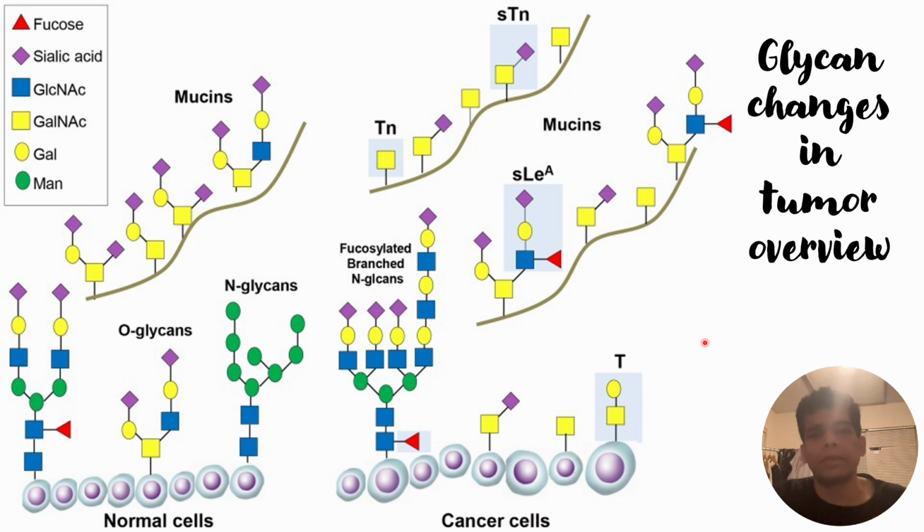I hope this video has provided you an overview of what we discussed in the past videos about aberrant glycosylation in tumors, and some of the aberrant glycosylation that I have already mentioned is highlighted in this light blue color.